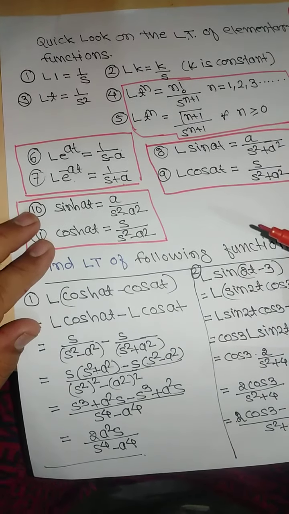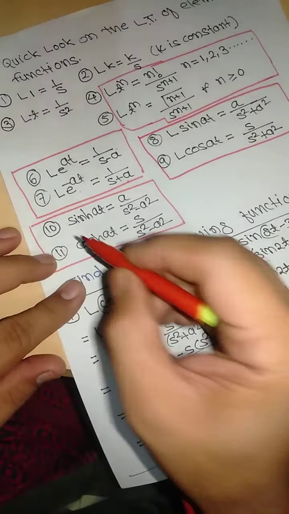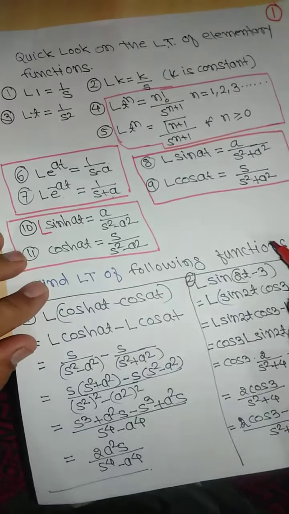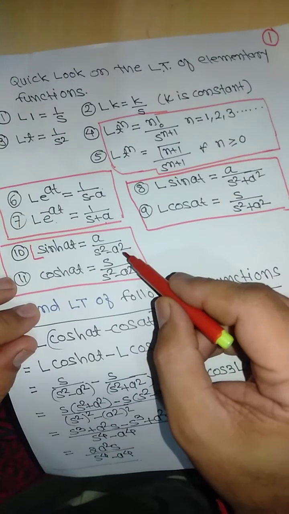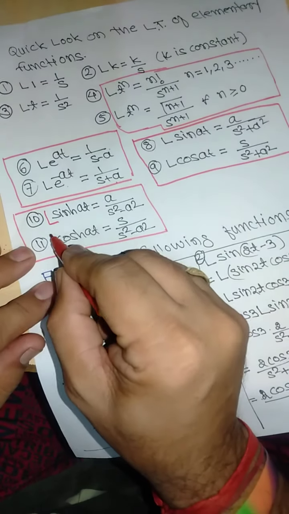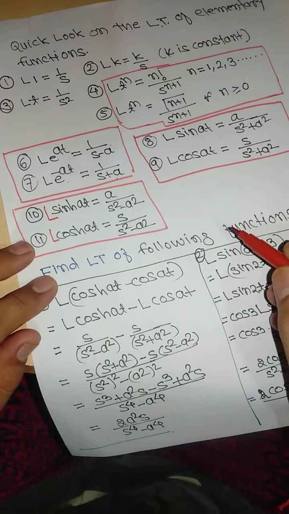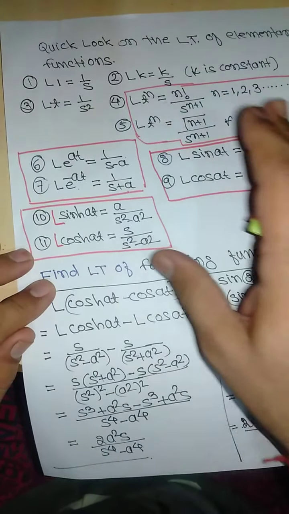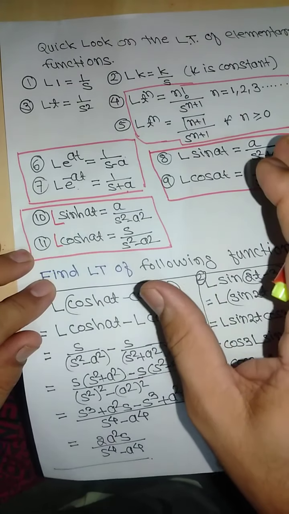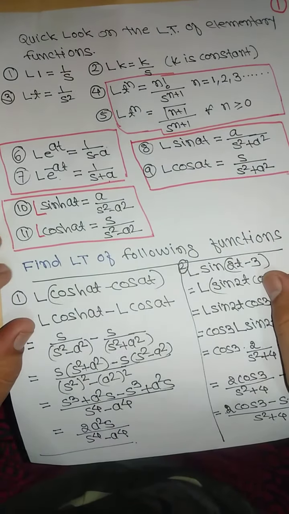And also we find the Laplace transform of sinh at, which is equal to a upon s square minus a square, and the Laplace transform of cosh at is equal to s upon s square minus a square. So these are the 11 basic elementary functions whose Laplace transforms you should keep in mind while solving further problems.